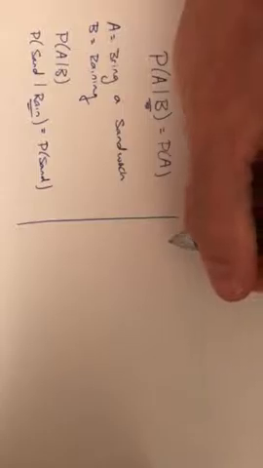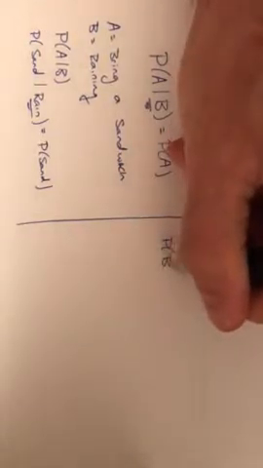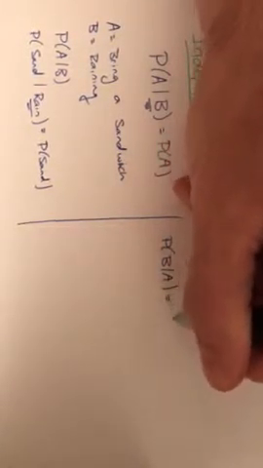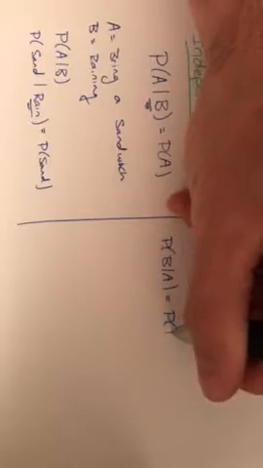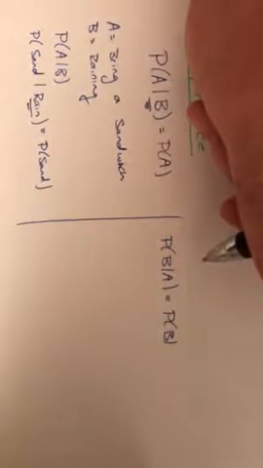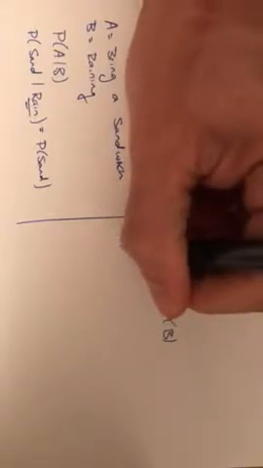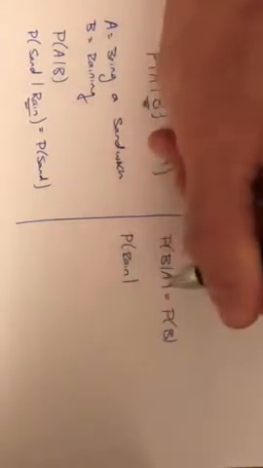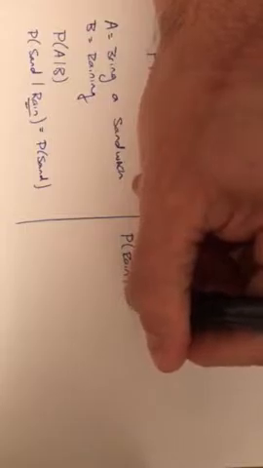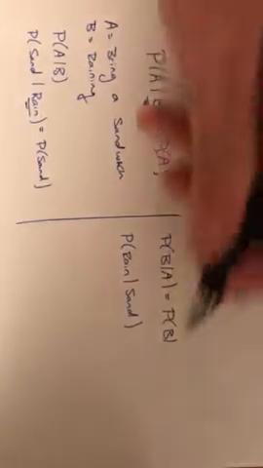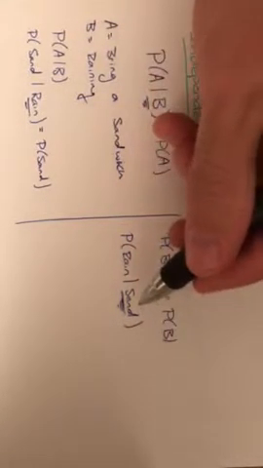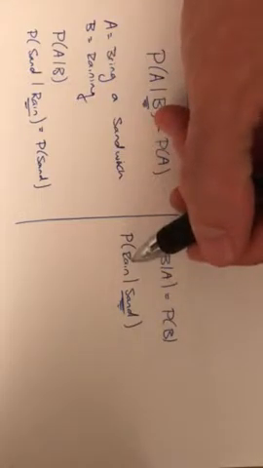Okay? And if it's independent, the opposite should also work. So in our case, the probability of B given A should still be the same as the probability of just B. So the probability of it raining, given that I brought a sandwich in for lunch, well, me bringing a sandwich in for lunch is going to have no impact on whether it rains or not.